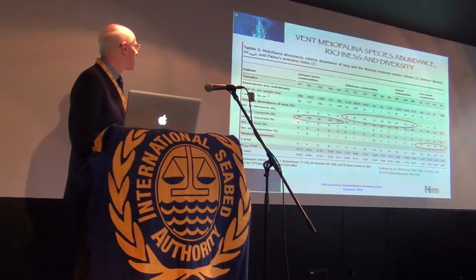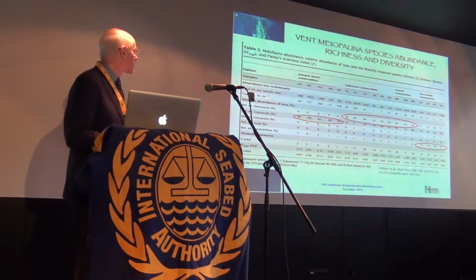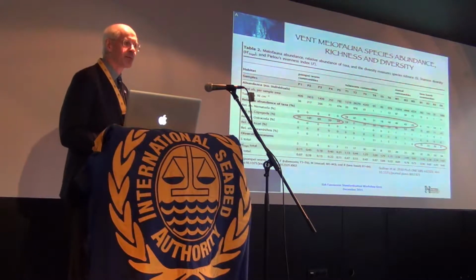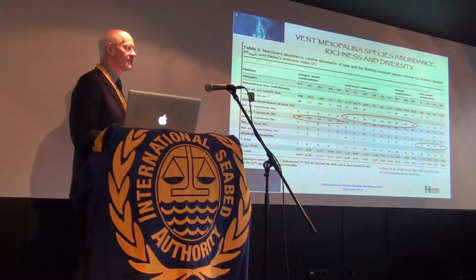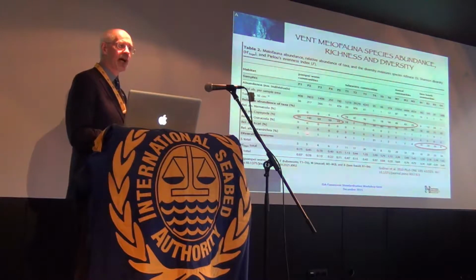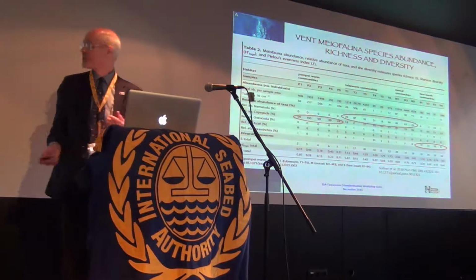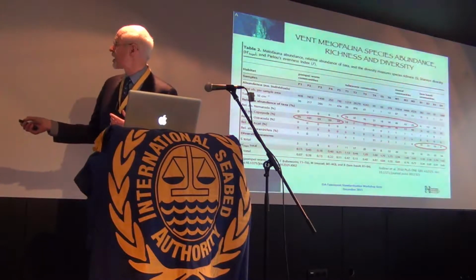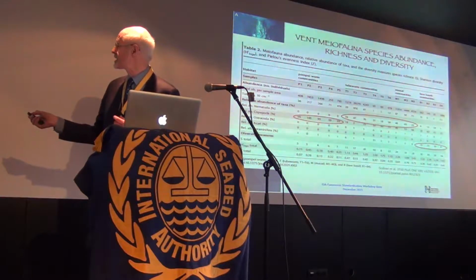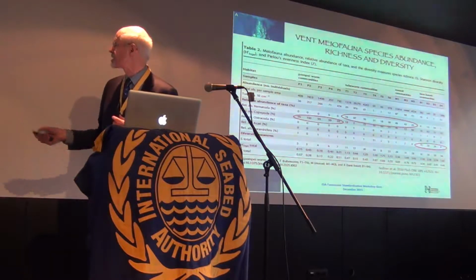Meiofauna are found in many environments, but not all groups of the meiofauna are found in every habitat. This is a summary of a vent, and you can see that, for example, copepods are very abundant in particular kinds and areas of the vent, whereas nematodes are particularly common inside the mussel and tubeworm communities.